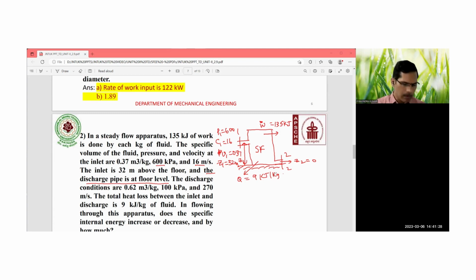That is, I think, 9 kilojoule per kg. So writing the steady flow energy equation, here you need to find out only the internal energy.